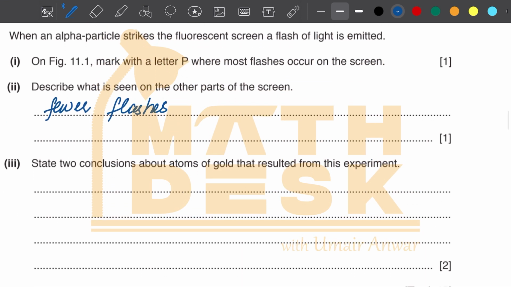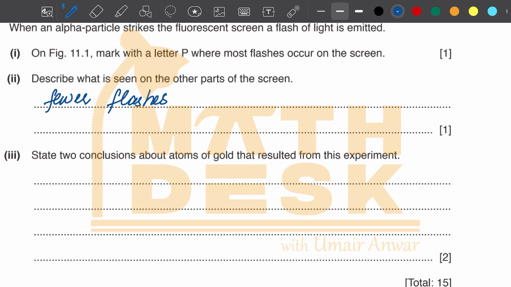State 2 conclusions about the atoms of gold that resulted from this experiment.